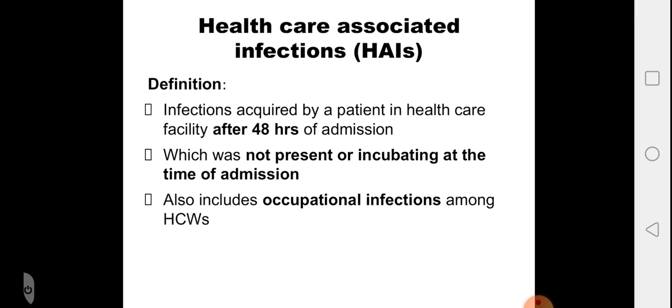Healthcare facility can be a hospital, nursing home, or any rehabilitation center. And it occurs after 48 hours of admission. And it also includes occupational infections among healthcare workers. Okay? What are the occupational infections among healthcare workers? They can be needle stick injuries.